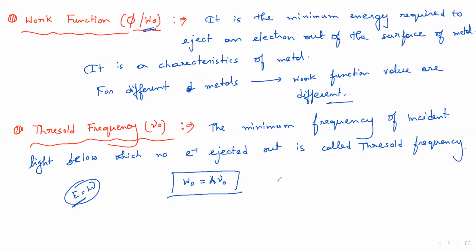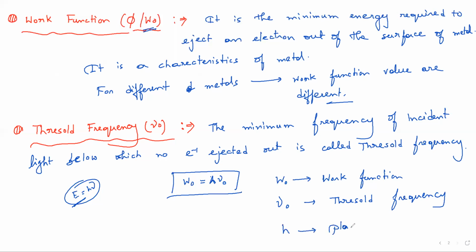Here W naught is the work function, nu naught is the threshold frequency, and h is Planck constant. Okay, any doubt regarding this part? No, sir.